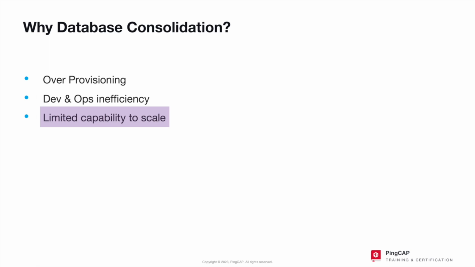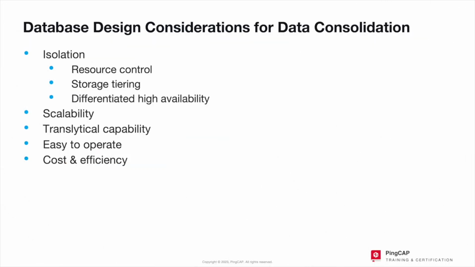Next, we have failure to meet the needs of both transactional and analytical workloads. That's a big one. And finally, difficulty in controlling costs due to the inability to recover and reuse resources after business units enter a decline phase. This is much more difficult to do when you have multiple, in our case, 300 databases than when you have one.